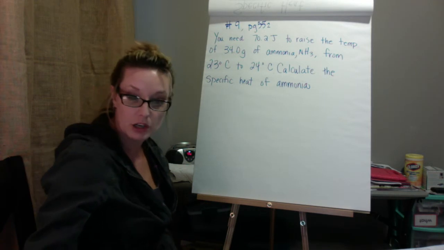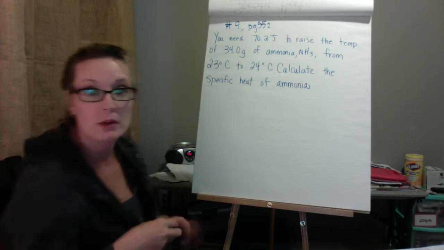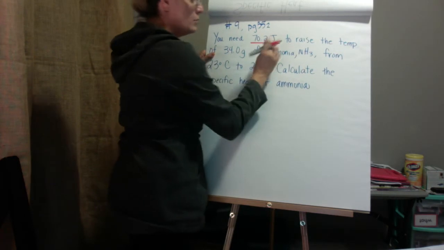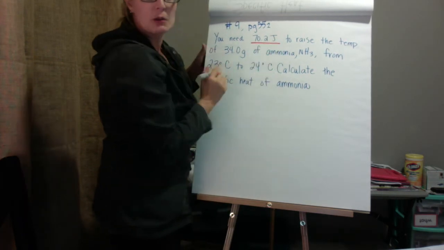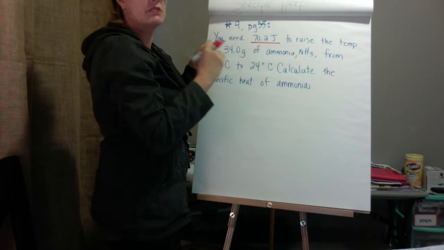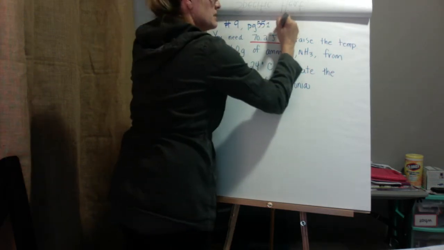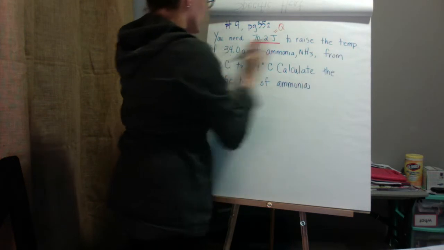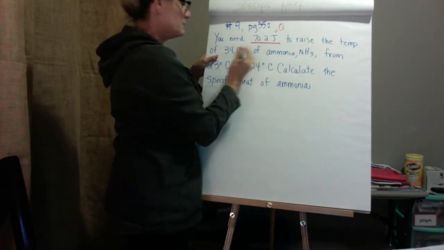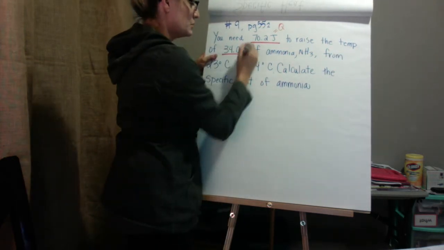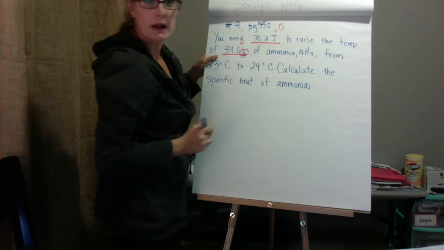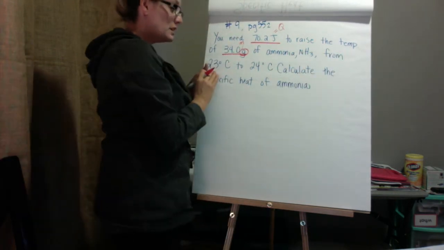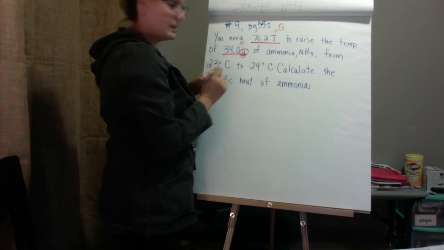So the first thing you want to do is go through your problem and underline what's important. So 70.2, the unit is joules. Above that, I write what joules stands for. Joules is telling me my Q. To raise the temperature of 34 grams, the unit is grams, which is telling me that's my M. Ammonia is what I'm dealing with, from 23 to 24 degrees Celsius.